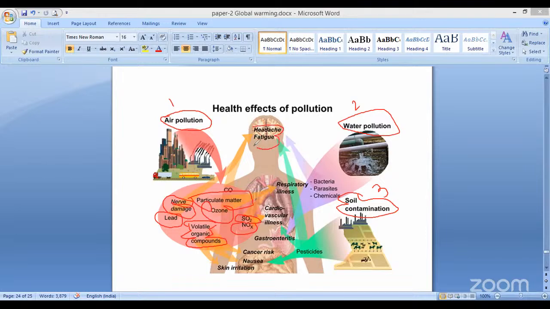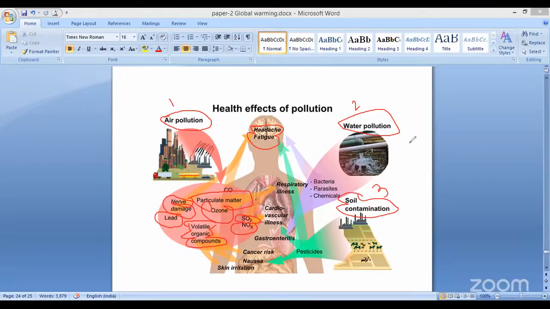Headache can lead to many serious issues. For example, we can suffer with headache problems and not concentrate on anything. Nausea and vertigo and all these things will happen due to air pollution.